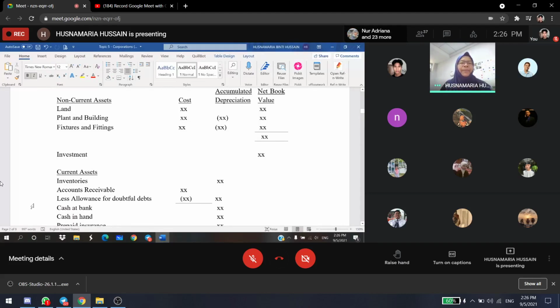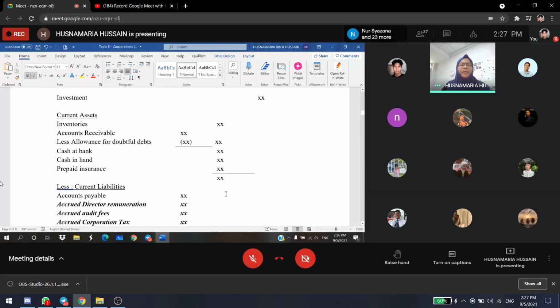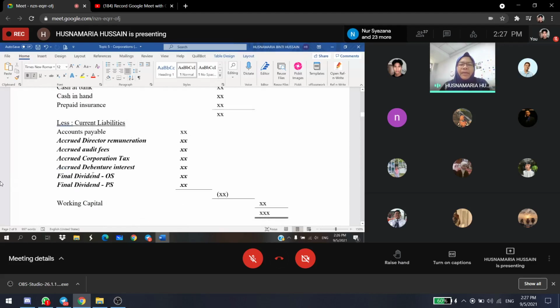Okay, so careful. Okay, then we have current assets as normal, inventories, AR minus AFDD, okay, bank, cash, and all the prepaid expenses. Okay. Current liabilities ni, kan I did mention to you, you have 5 new terms, 5 new accrued.